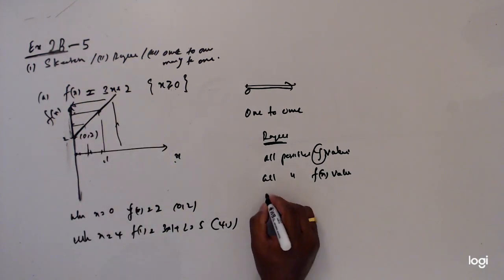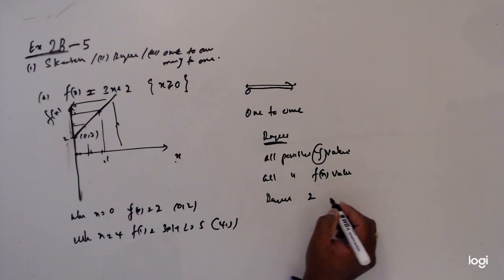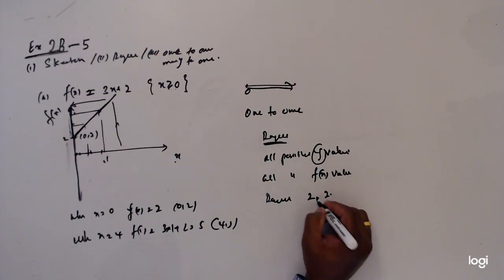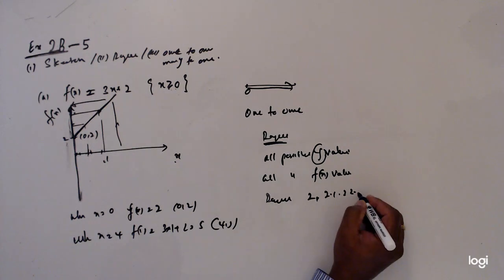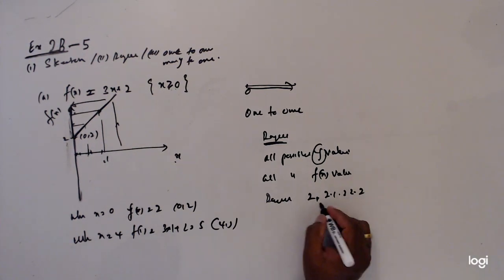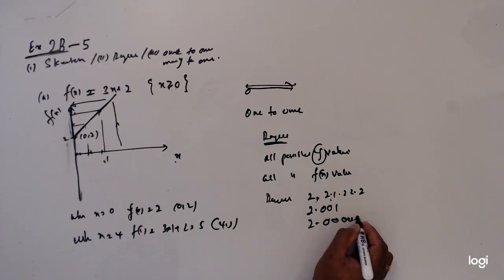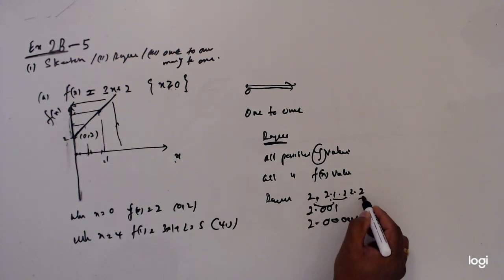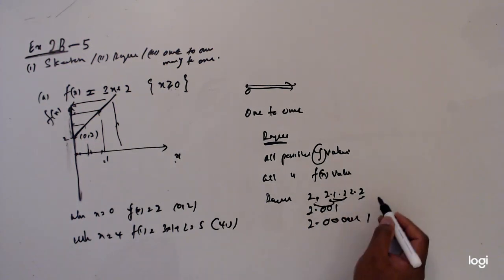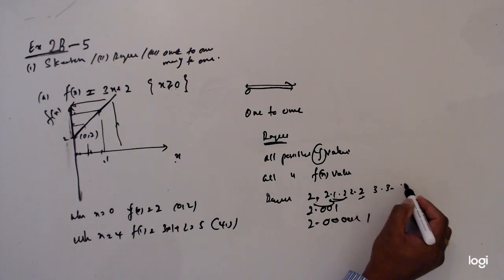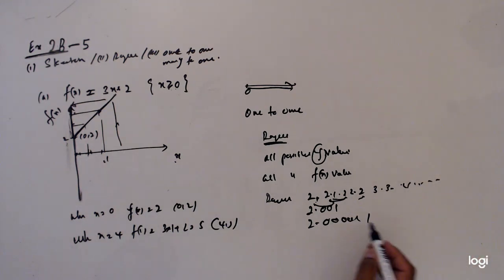So the range is 2, 2.1, 2.2. How about 2.1 in between, 2.001? How about 2.00001? Likewise, there are infinite numbers in between, then 3, 3.14, likewise.